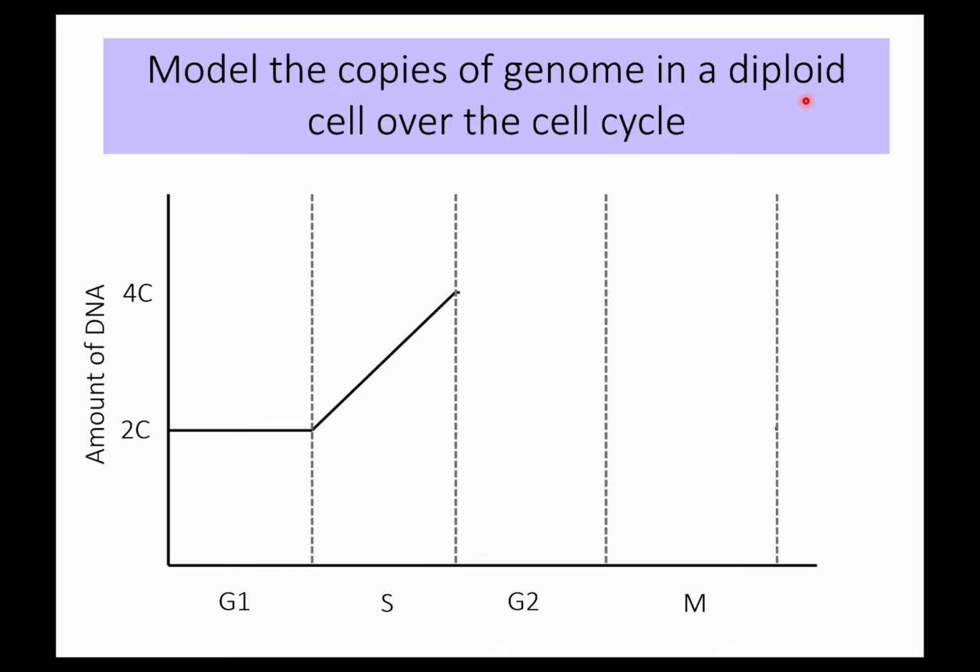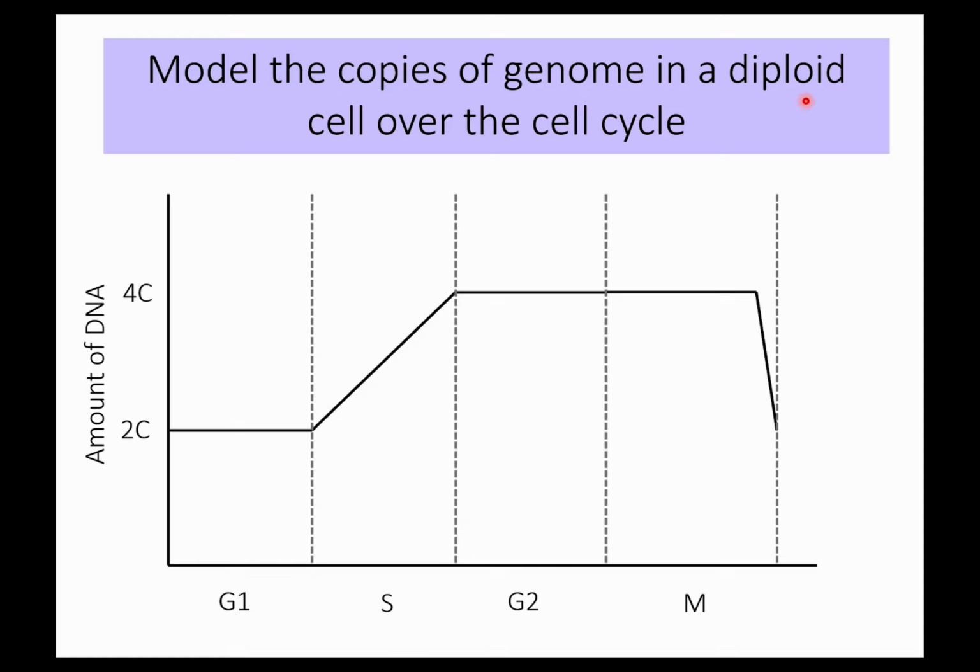And what about in G2? It stays the same, very good. And what happens at the end of M phase? It goes down. It goes back to 2C when the cell divides. So after cytokinesis, it goes back to 2C.